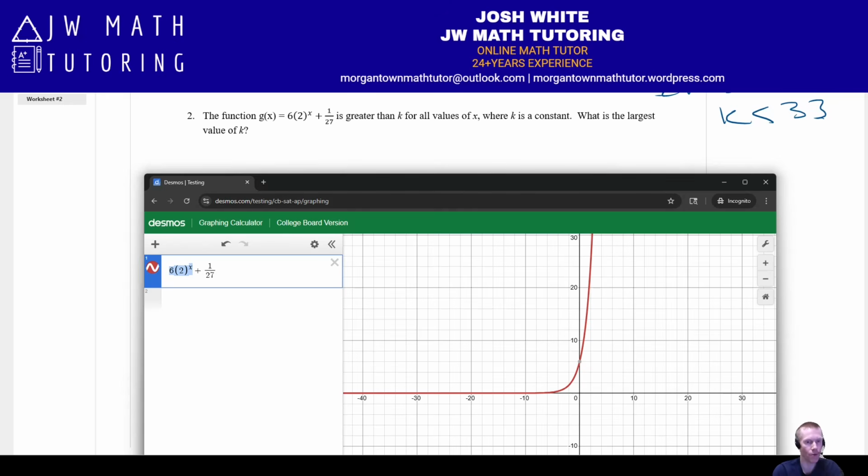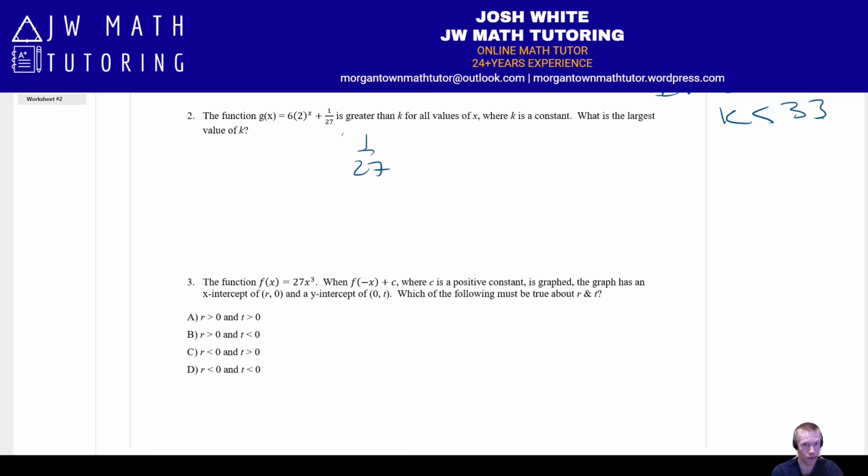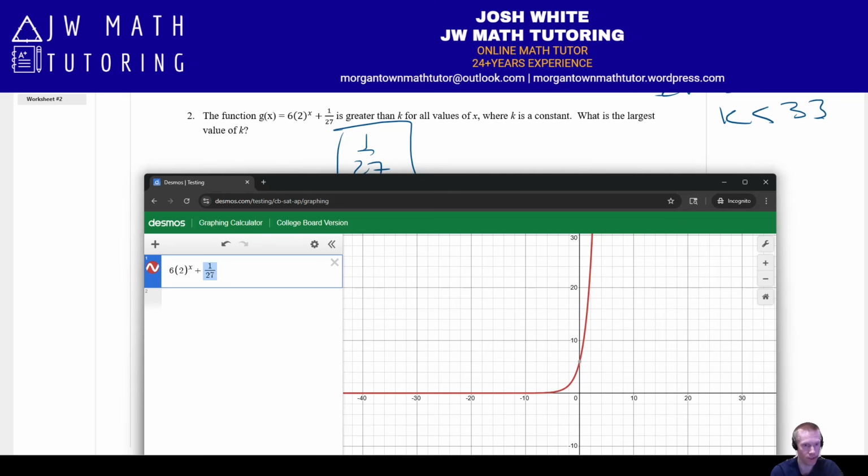And the point is, this whole term essentially turns to 0, drops out, disappears. Therefore, this 1/27th acts as a horizontal asymptote. And so the answer for this, the largest value of k that everything is greater than, is technically 1/27th. Now you could also put it in as its decimal equivalent if you wanted to.